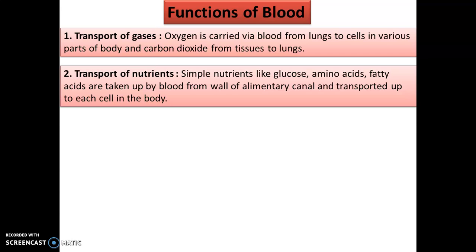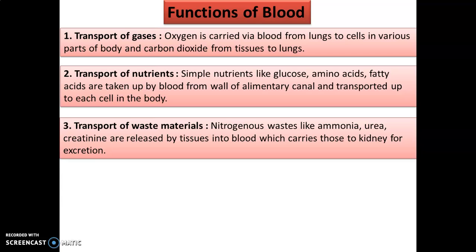Then blood also transports nutrients like glucose, amino acids, fatty acids, which are taken up by blood from the wall of the alimentary canal and transported to each cell in the body. Glucose is from carbohydrate foods, amino acids are from proteins, fatty acids are from fats. So these are the simple forms of the food that is taken from the alimentary canal to various parts of the body.